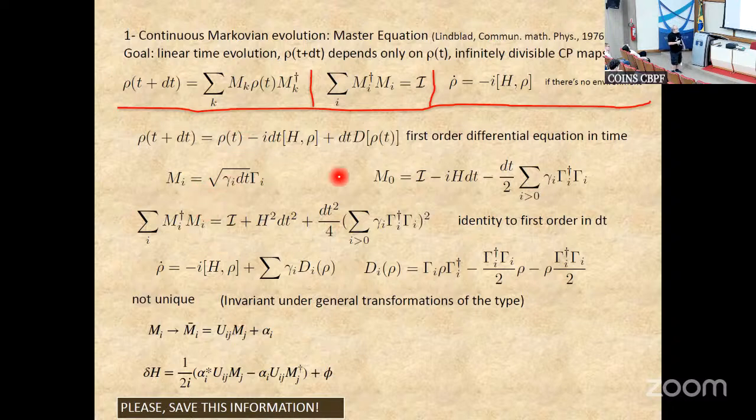And if I choose one of them to be the one that guarantees that the sum of all of them will be identity, if you keep to first order in dt, then the sum is equal to identity because the terms that show up are of the order of dt squared. And you end up with an equation for the evolution of your system that is in this form.